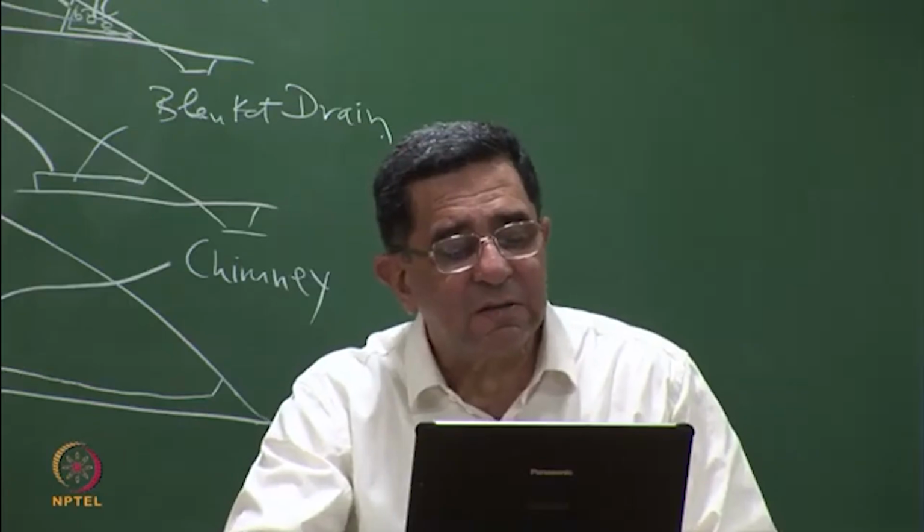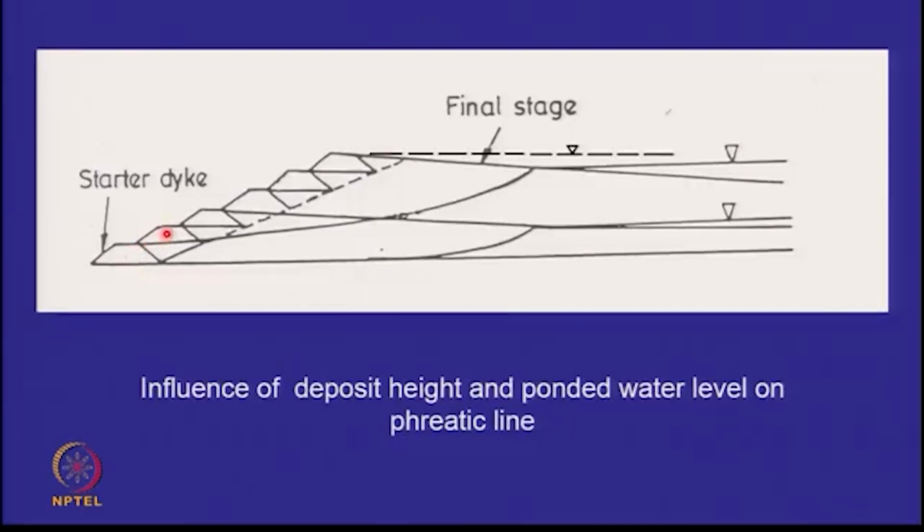So if I look at this, this is my starter dike, this is my first raising, this is my second raising. In the second raising, if I'm operating with a low pond, your phreatic line is far away. Let us say 1, 2, 3, 4, 5, 6, after 6 stages, I'm here.